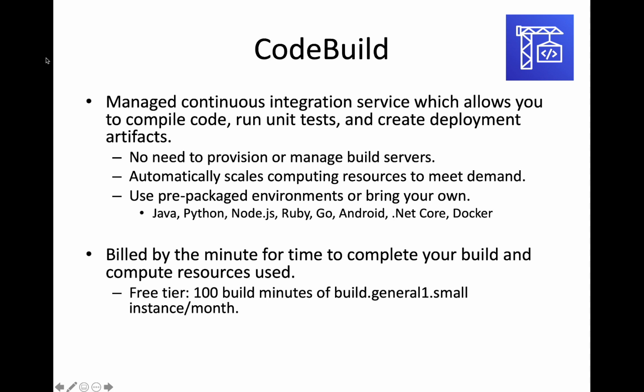You can run that for up to 100 minutes each month as part of the free tier. The exercises that we will do in this class only consume maybe a minute of build time. So you should stay well within the free tier that's available.